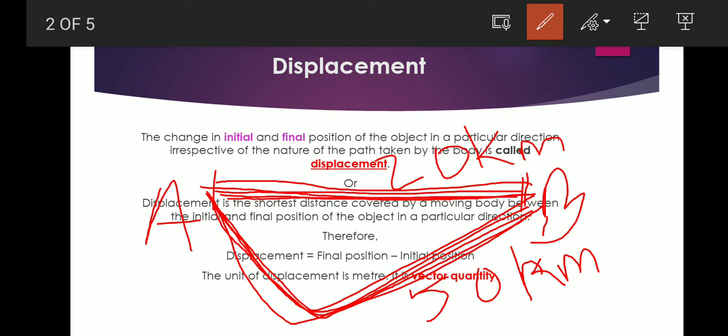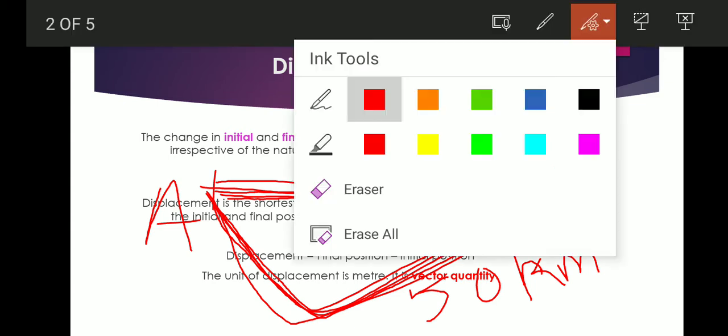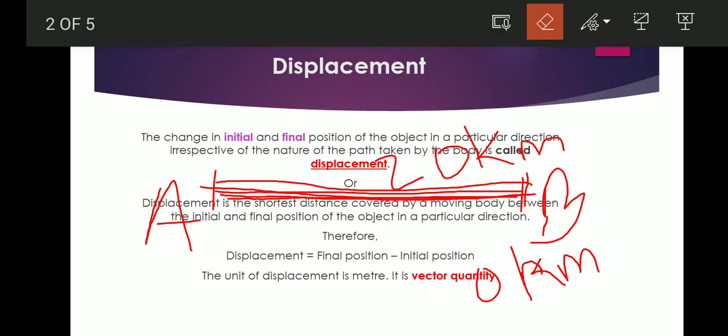This is displacement. Then the SI unit of displacement is meter. Yes, SI unit of displacement is meter here. Let's remove this one. Cannot read. Here the SI unit of displacement is meter and it is a vector quantity, since to describe displacement you have to mention the direction towards here.